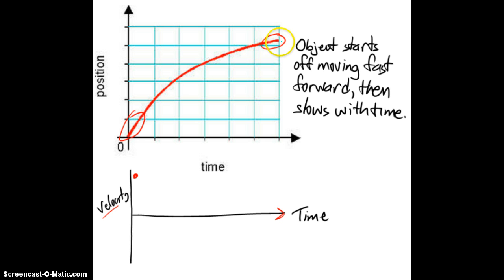And toward the end of our time here, we still have a positive velocity, so I still know it's on the positive side. But it's much less than when it started off, maybe here. And we know it's constantly changing, so I'll go ahead and draw in my line here. There we go. And notice how the velocity graph matches our writing here, that it starts off fast and slows with time.